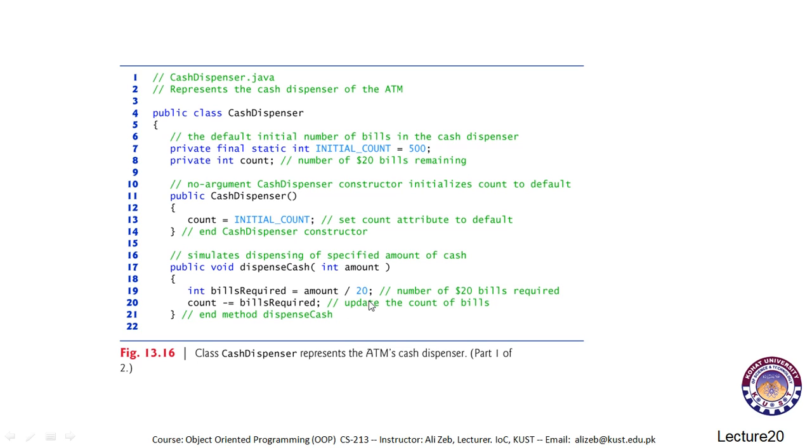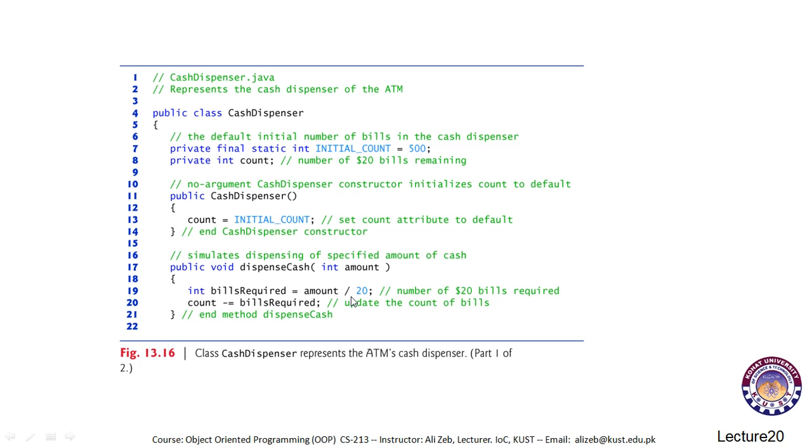Since we cannot change this initial count variable, we need the count attribute to make sure that we are entering the multiples of, let's say we get an amount from the user that the user wants to withdraw, and we need to calculate the number of notes that we will be dispensing to the user. In this case each note will be a multiple of 20.